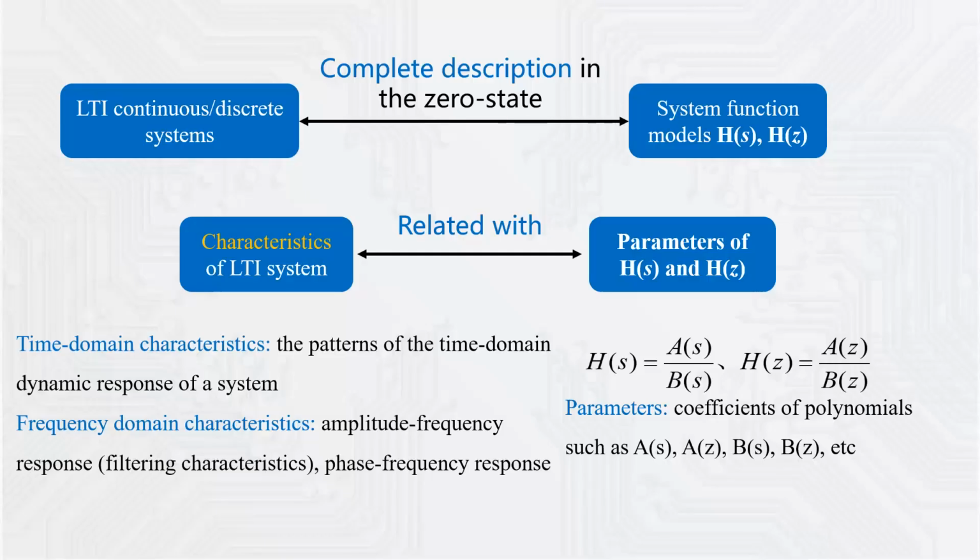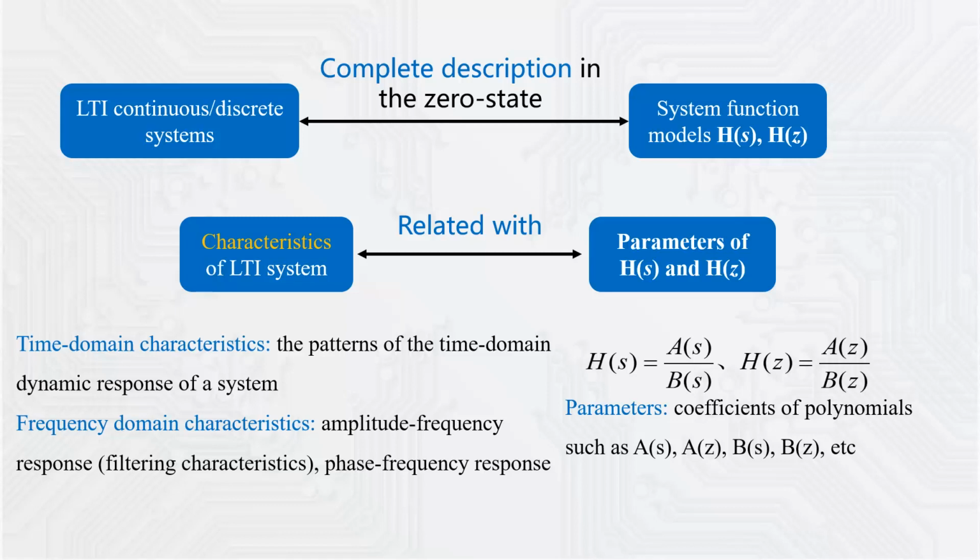From the previous parts of this course, we know that a linear time-invariant continuous or discrete system in zero state can be completely described by its system function model. Therefore, the characteristics of a LTI system will necessarily depend on the parameters of its system functions.